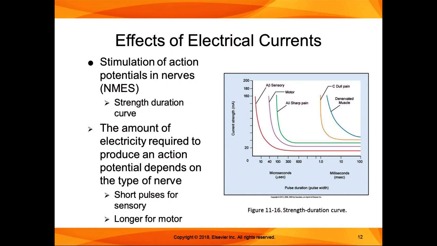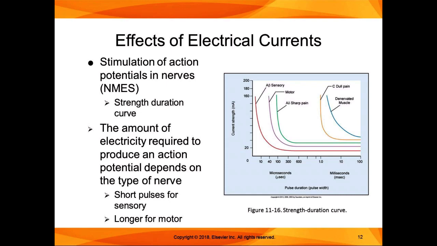So the interplay of amplitude and pulse duration is the basis of how we specify the effect of electrical stimulation. The lower current amplitudes and shorter pulse durations stimulate action potentials in sensory nerves, whereas higher amplitude and longer pulses are needed to stimulate action potentials in motor nerves.